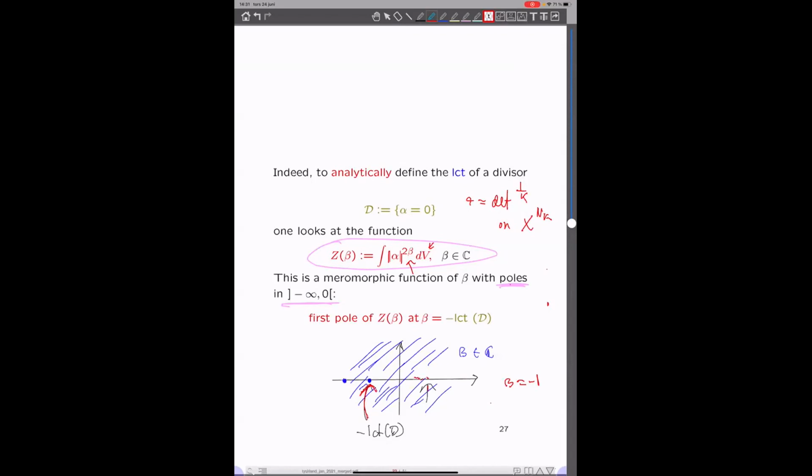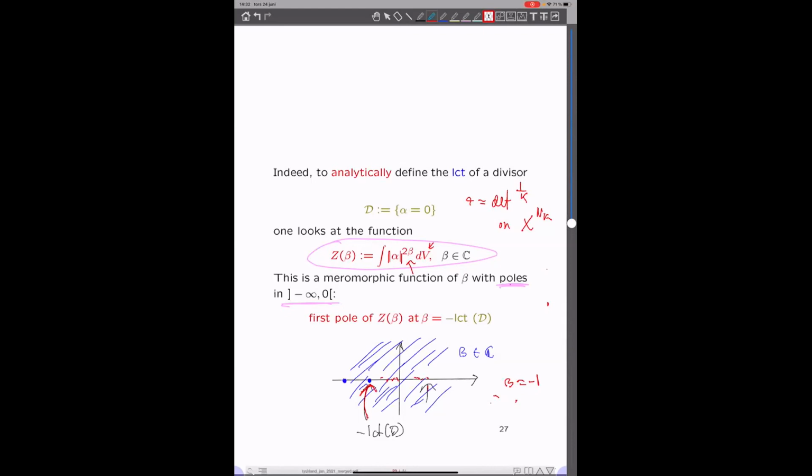So you start with beta positive, where this is convergent, and then you go down the negative axis and eventually hit the first pole where this diverges. That's the minus of the log canonical threshold. You can even think of beta as a complex variable. It's well known that this zeta-type function of beta has rational poles, and the negative of the first pole is the log canonical threshold.